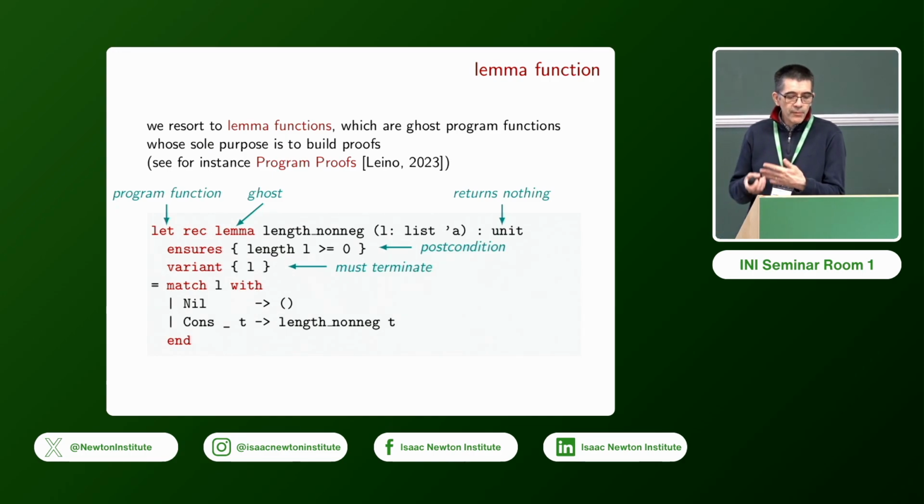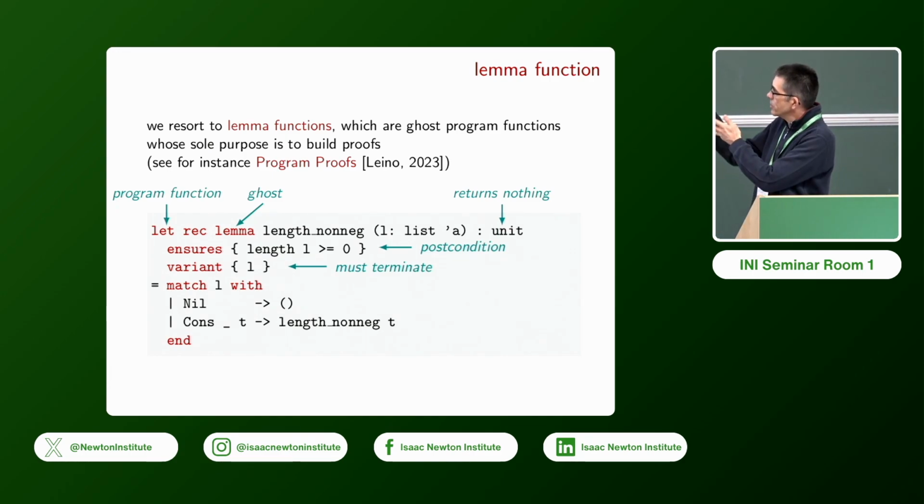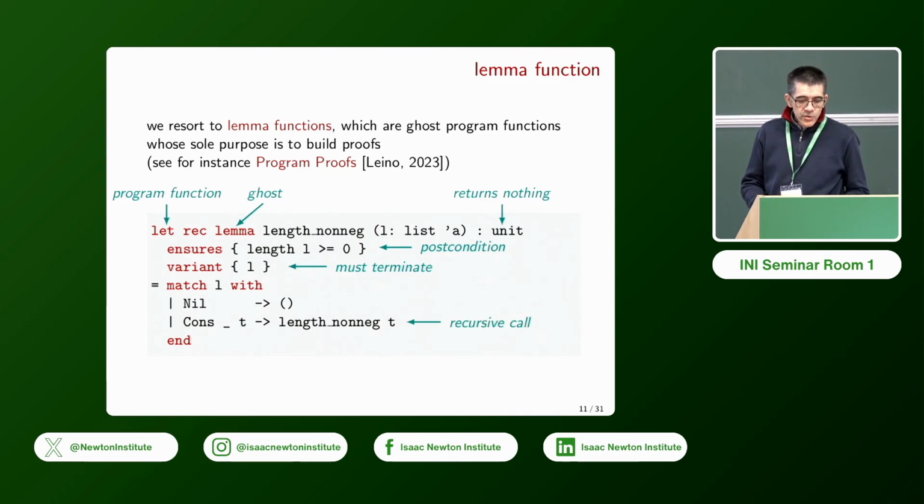Here I'm providing explicitly a variant, but Why3 is smart enough to figure out this simple variant by itself if you omit it in that case. Then you have a program after the equal sign. The last 4 lines are the body of the function.